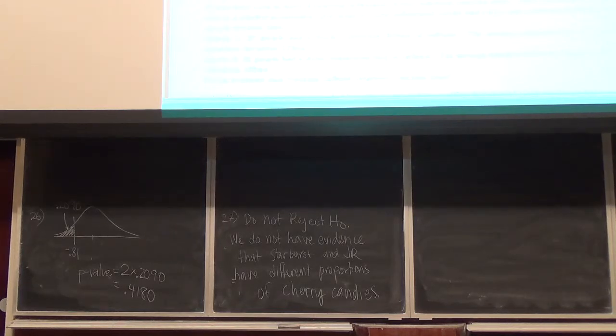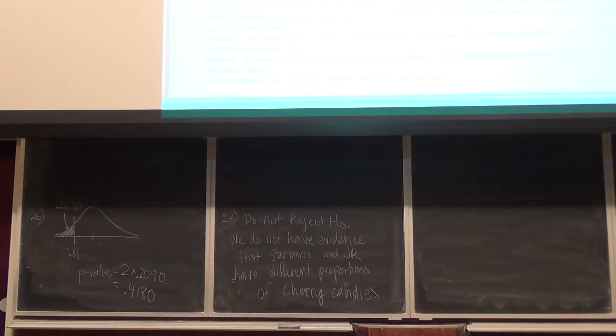Is there something on there about a confidence interval of 0.05? Do we have to figure that out? Sorry? Is there something about a confidence interval of 0.05? Did we have to talk about it?